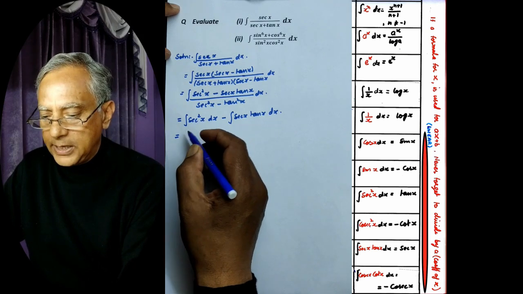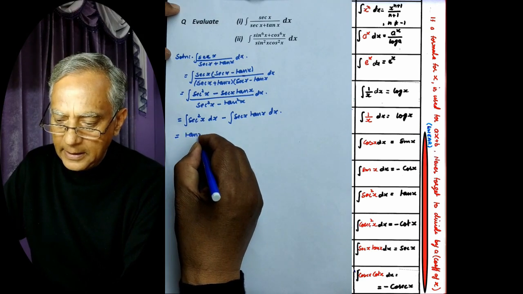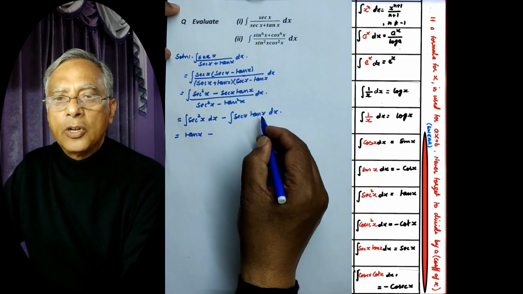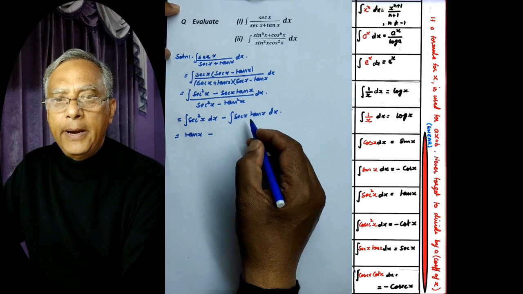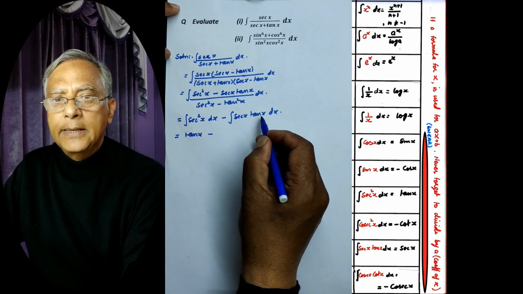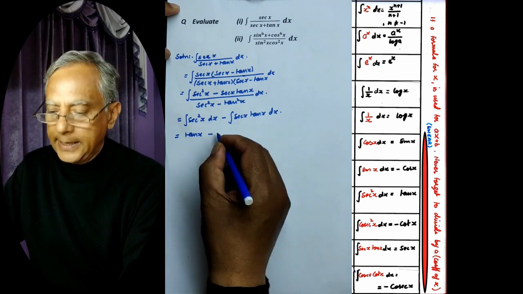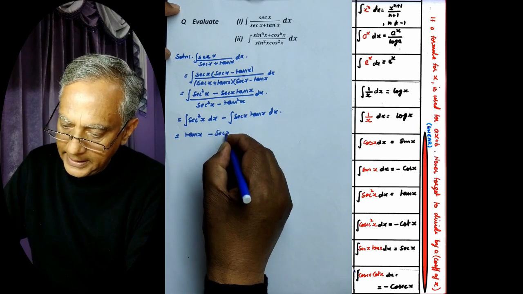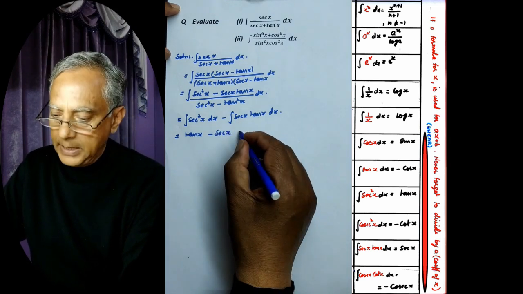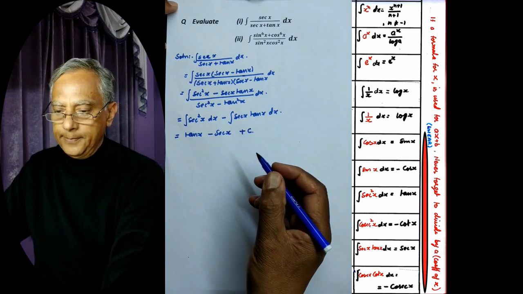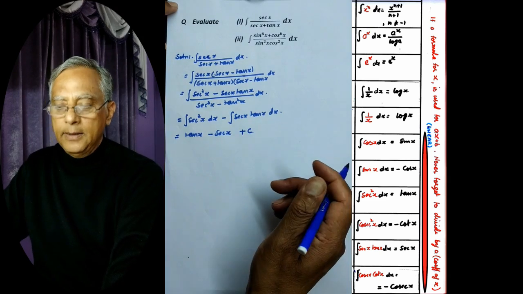So integration of secant square will be tangent x minus, secant x tangent x is the differentiation of secant x. d by dx of secant x is secant x tangent x. So integration of secant x tangent x will be secant x. So this will be tangent x minus secant x plus constant of integration c. So this is the answer.